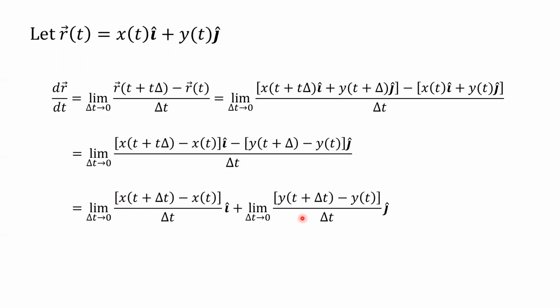And same thing over here. This is change in y over change in t in the limit as delta t goes to 0. That's the instantaneous rate of change of the y-coordinate. In other words, we're looking at the velocity along the x-axis and the velocity along the y-axis. We have expressions for that, dx/dt and dy/dt. And that's the result that we were aiming for.